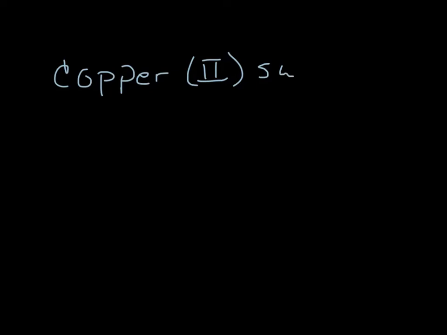All right, guys, here's our second example. We're going to go with copper 2, there's our Roman numeral, sulfate. Now, clearly this screams at you as a type 2, not because it's a Roman numeral 2, but simply because you have a Roman numeral.